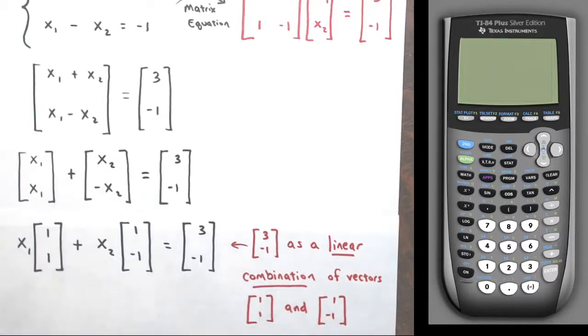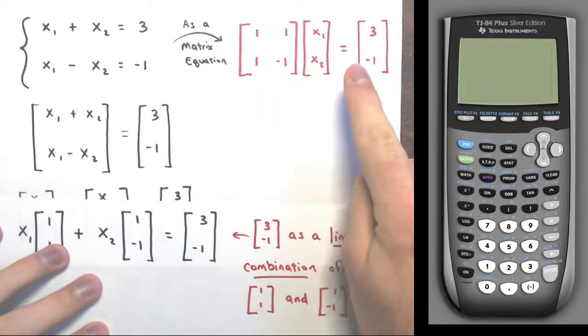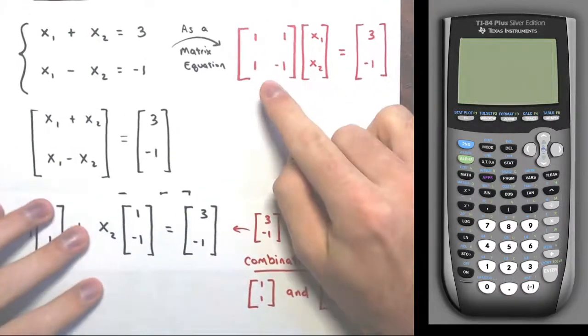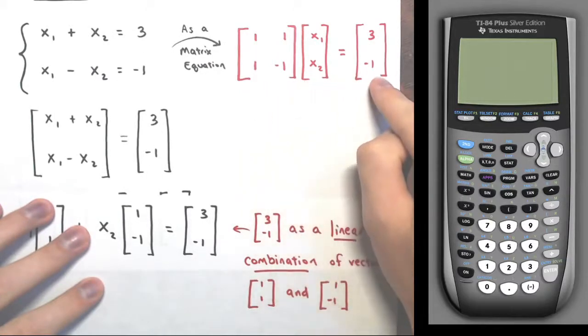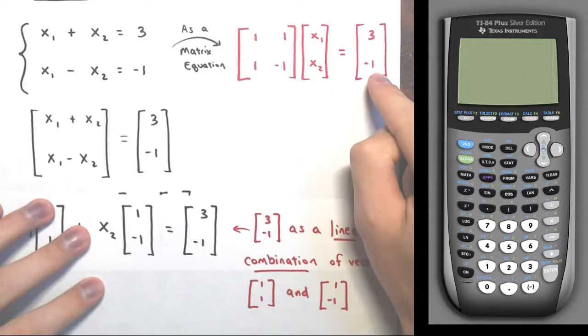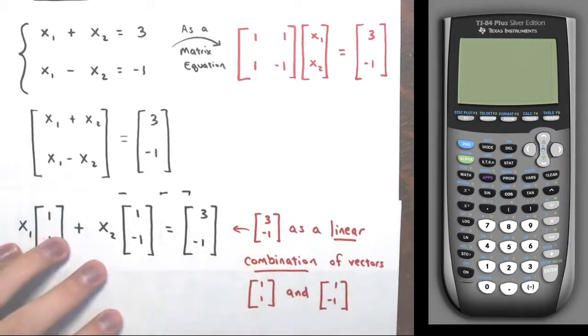Okay, so this is going to happen for any system of linear equations. You can write it as either a matrix equation like this, where you have your coefficient matrix times the variable matrix equals the constant matrix. You can always set this up, or you could set it up this way.